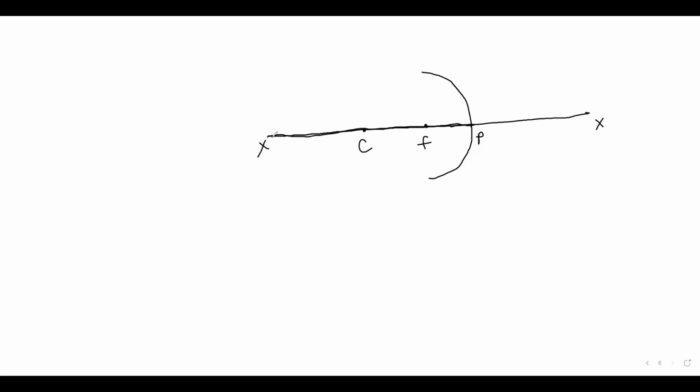If a ray is falling on the concave mirror in the direction of the principal axis, can any one of you guess what happens? Sir, it will move back in the same direction. As it is passing through the principal axis, it will reflect back in the same direction.